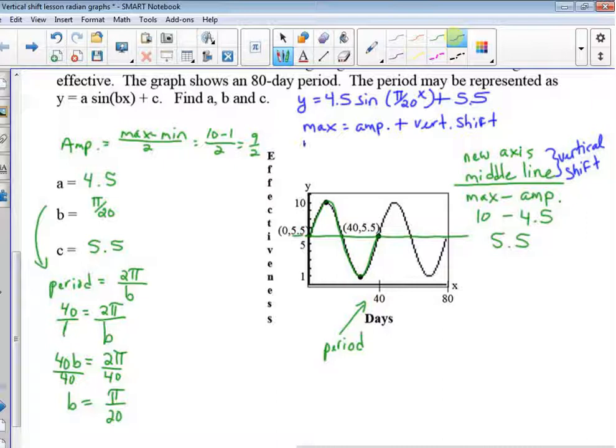So my max is 4.5 plus my vertical shift, which is 5.5, so my maximum value is 10. And that's showing that.